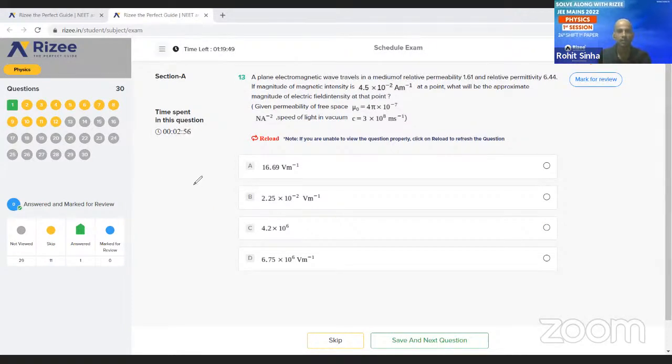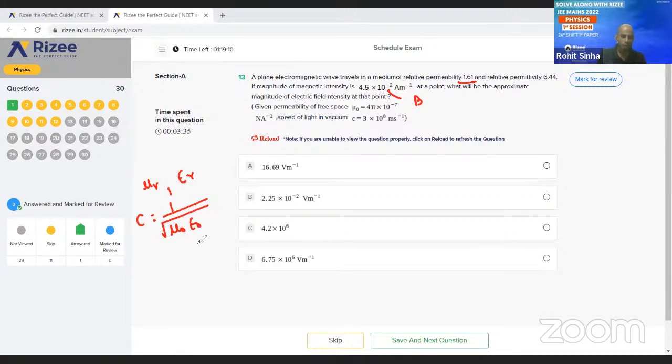Now, let's see. In this question, relative permeability mu r is given, and relative permittivity epsilon r is also given. The magnetic field B is given, mu naught is given, c is given. First of all, we know the formula of c: c is 1 by under root mu naught into epsilon naught.